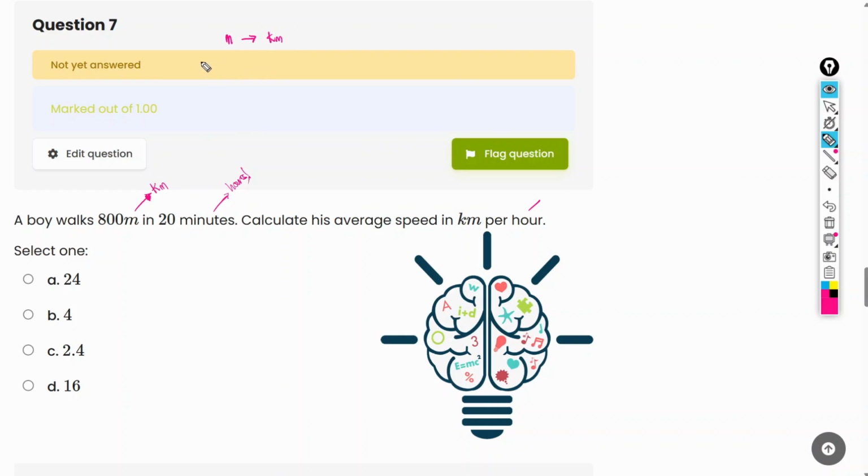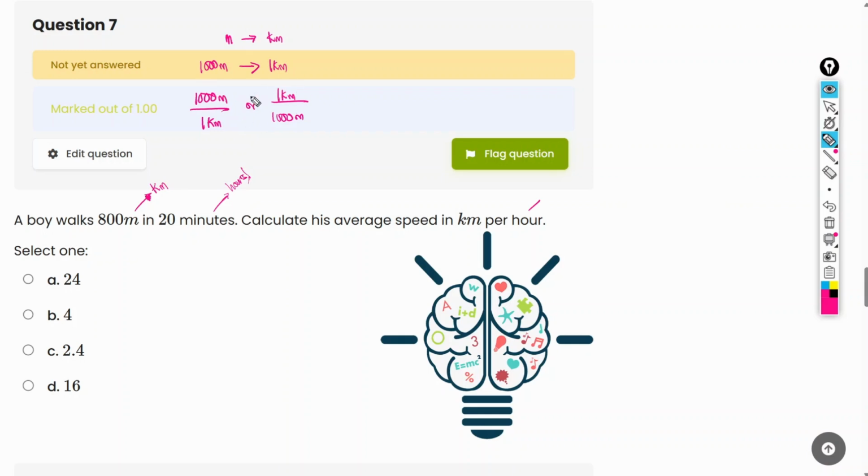I know that 1,000 meters makes 1 kilometer. By implication, since they are both equal, if I write 1,000 meters over 1 kilometer or 1 kilometer over 1,000 meters, both of these would equal just 1.